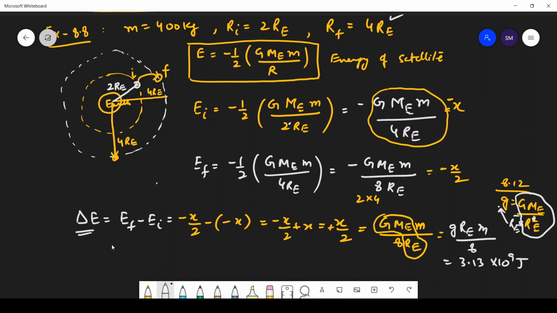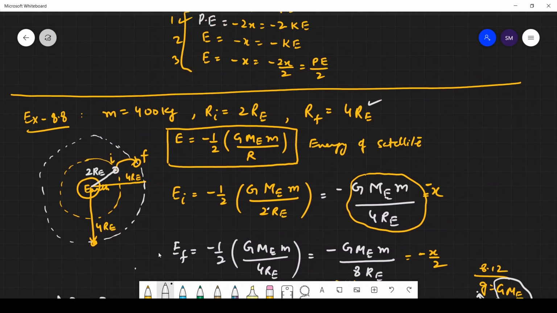So here, which energy is reduced? You can see clearly that the potential energy is increased, right? Because the distance is increasing, so the potential energy is increased. What was the relation we were writing? Let's go back and check.